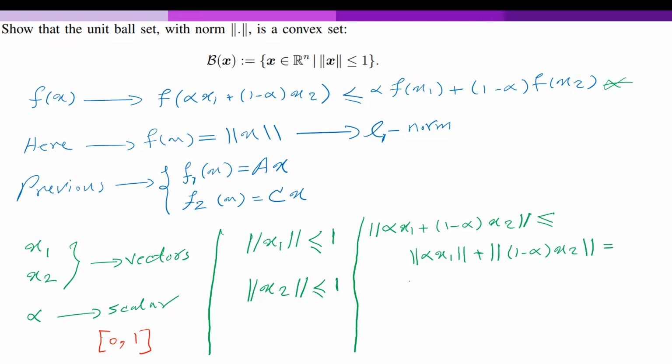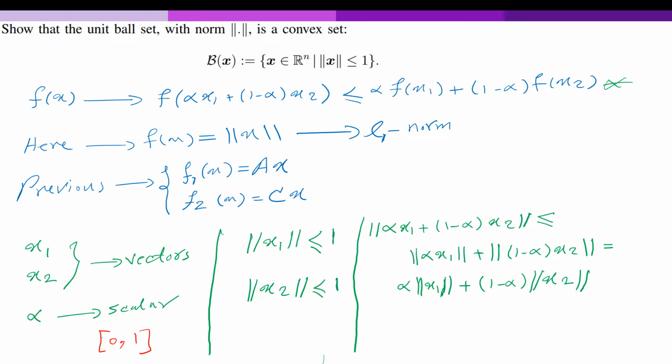We say alpha L1 norm of x1 plus 1 minus alpha, again a positive scalar, L1 norm of x2. Now we know that the L1 norm of x1 is less than 1, and L1 norm of x2 is also less than 1 here.